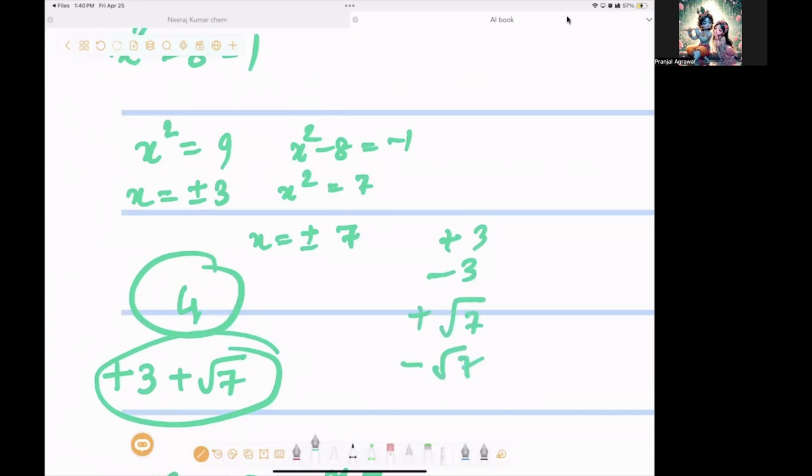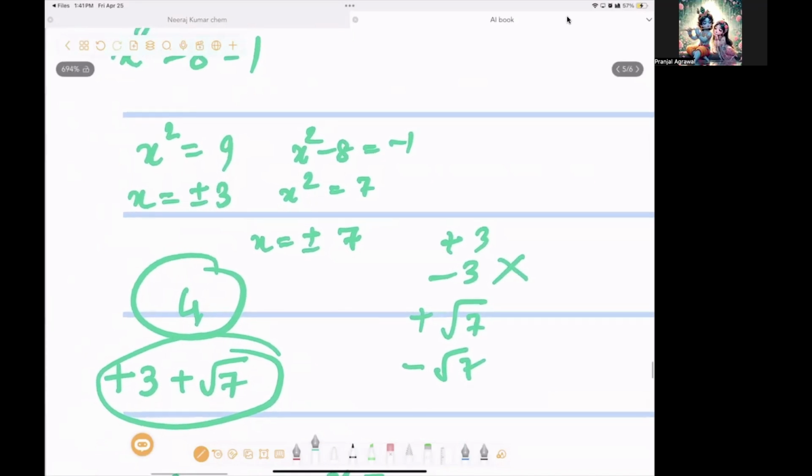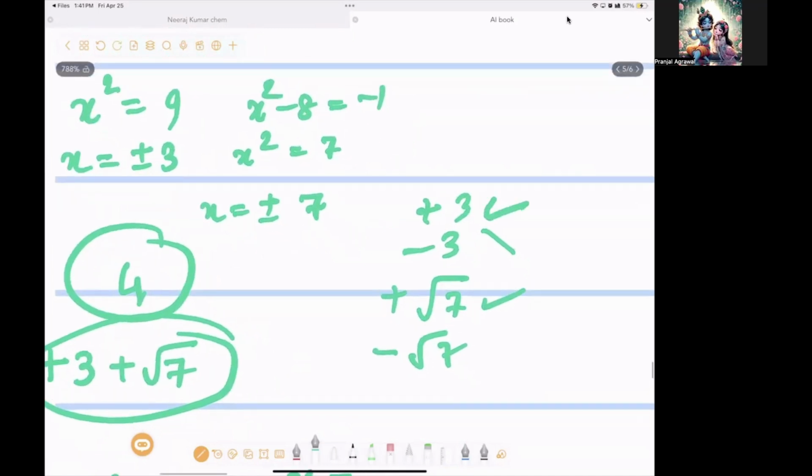So if x lies between minus 3 to 5, minus 3 is not included, so we have to cancel this. And 5 can be included. So the answer will be C, because we can take this, this, and this.